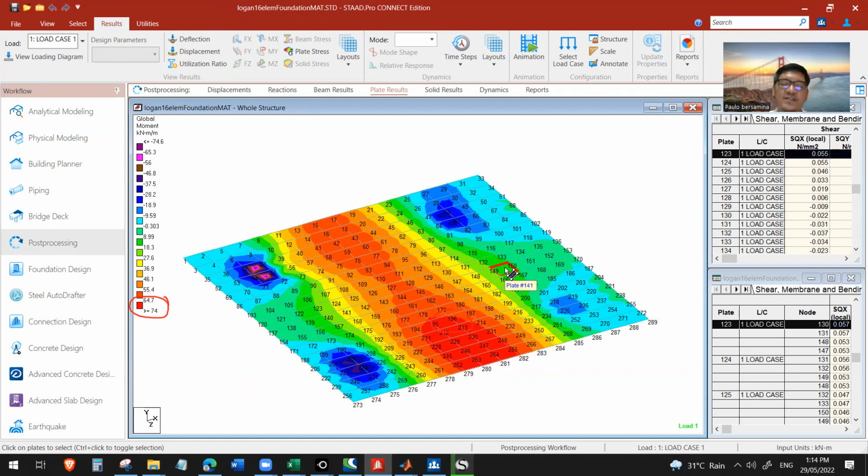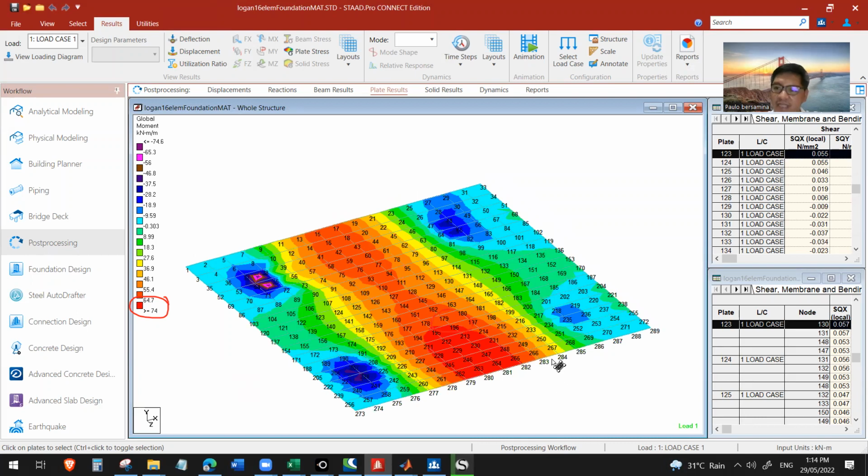Okay, so that's it. So nandun yung flexibility of FEM, no? So in this mat foundation, isolated footing, no? Combined footing, lahat na, no? Kasi nga namo-model mo na, apply mo lang ng load, no? Okay, even slab, no? Suspended slab, pwede rin, no?